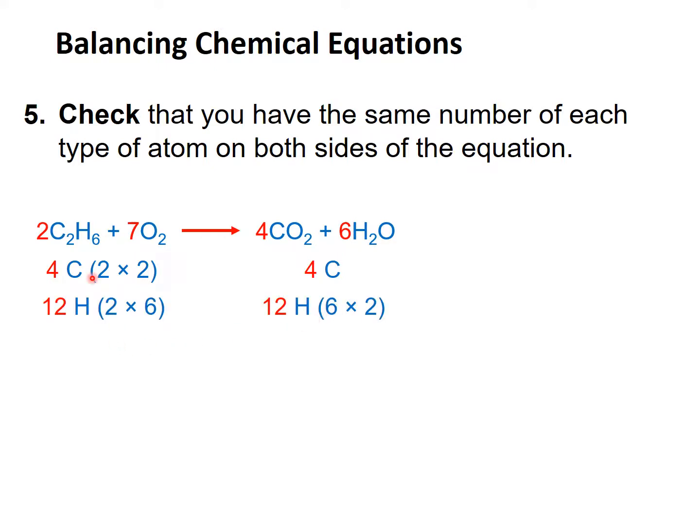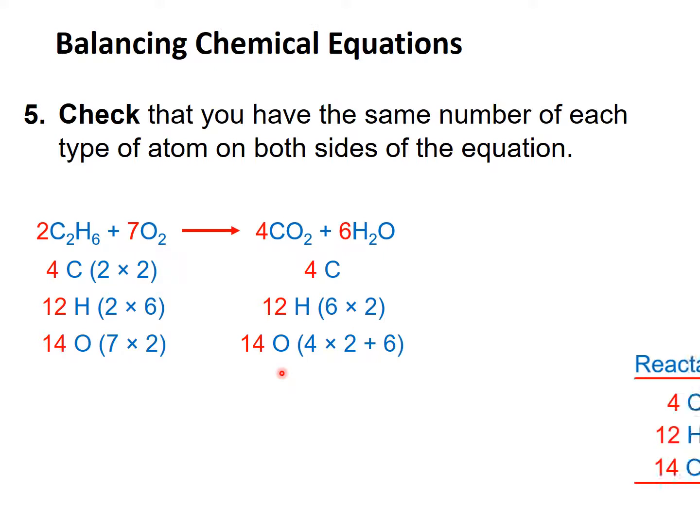Looking at the hydrogens, we have 2 times 6 hydrogens equals 12 hydrogens on the left-hand side, and on the right-hand side we have 6 times 2 equals 12 hydrogens. Finally, if we look at the oxygens, we have 7 times 2 is 14 oxygens on the left-hand side, and we have 2 times 4 plus 6 oxygens, giving us 14 oxygens on the right-hand side.